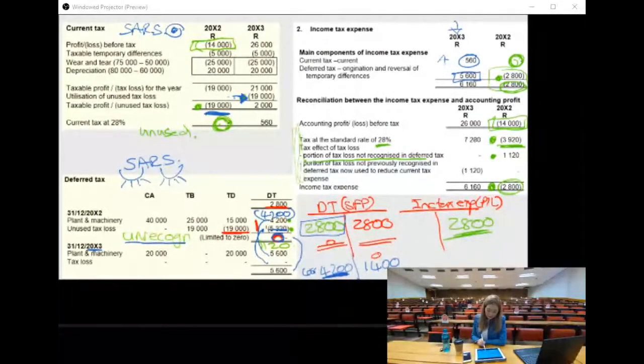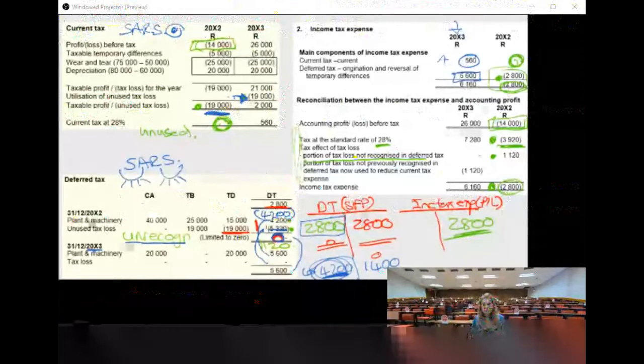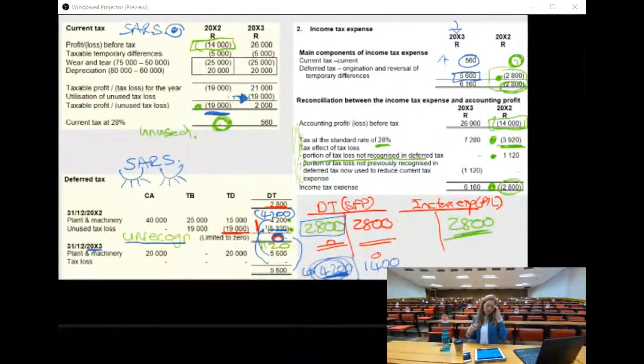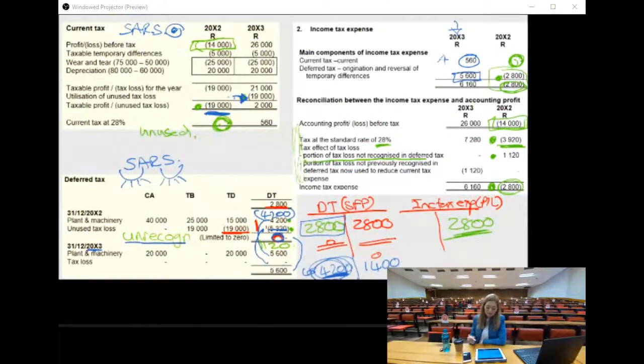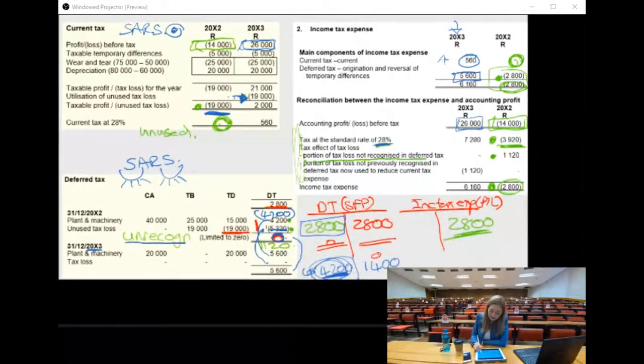Okay, so therefore this movement of 4,200 in my next financial year is smaller than what it would have been if I were able to recognize the full tax loss in the prior year. So that's why in our next financial year, if we start with our accounting profit of 26,000 for 20x3, we multiply that by 28%, and it gives us 7,280.